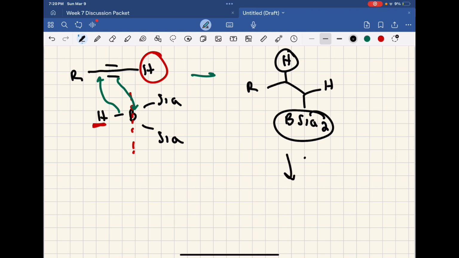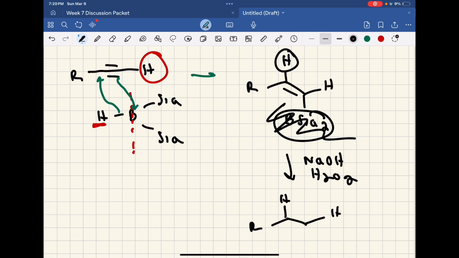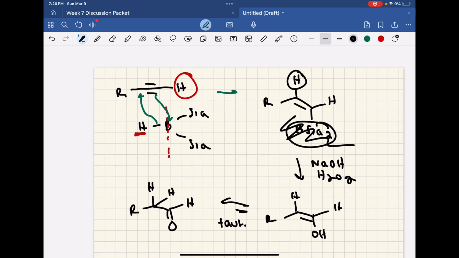And then you can imagine the next step, NaOH, H2O2, is just responsible for getting rid of that group and putting an alcohol at that position, okay, to form the enol. And then the enol will tautomerize to an aldehyde. It's still called the keto form, it's just specifically an aldehyde here. There we go. So that was tautomerization, and just know that we formed an aldehyde.